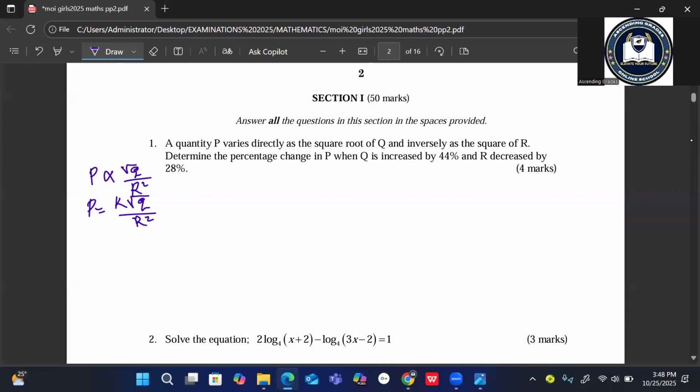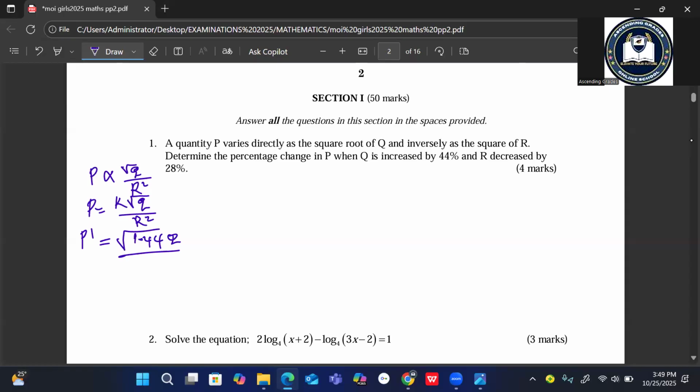We find P prime, whereby Q is increased by 44%. So for P prime, we shall have the square root of 1.44 Q, that is 144%, then over R squared.